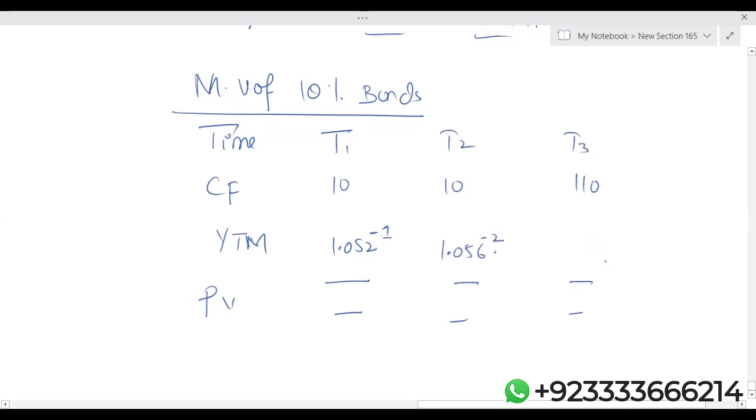Here, it will be 1.06 power minus 3. Let me use the calculator. And I want you guys to also use the calculator. I'm getting 9.5, 8.968, 92.358. Add all of them.